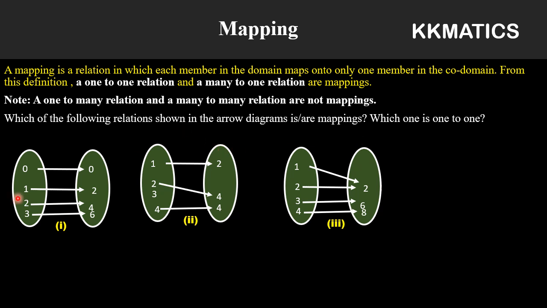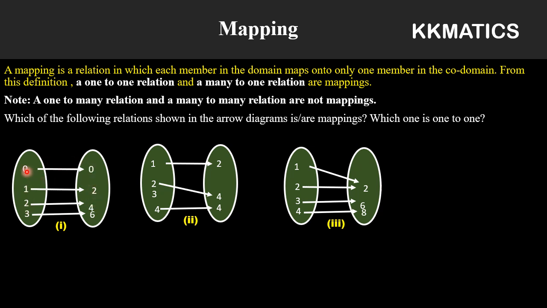Let's start with the first one, I. Looking at I, all these diagrams here are relations. Now talking about I, we see 0 is related to what? Each element of the domain maps to what? Each element of the codomain.